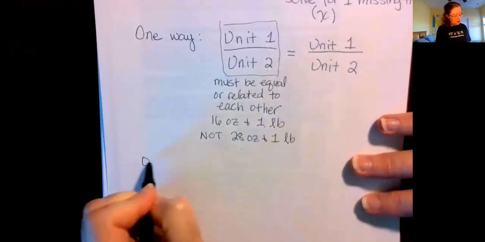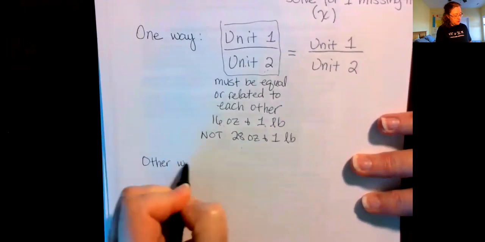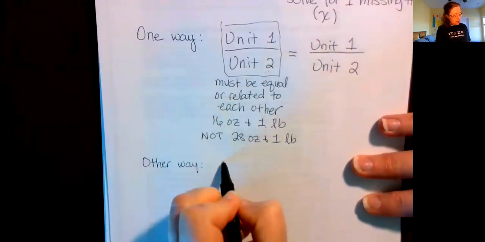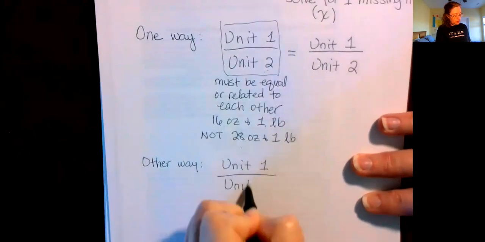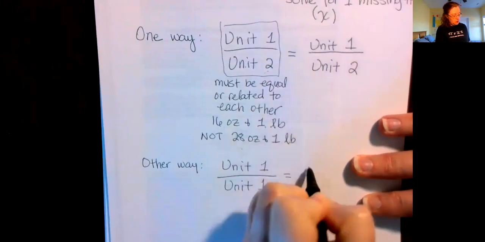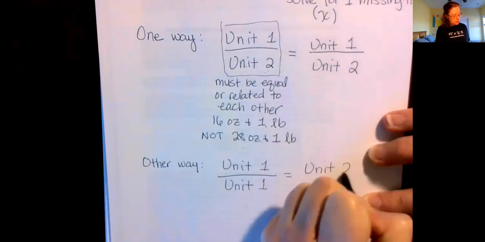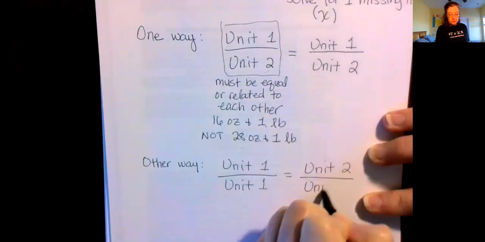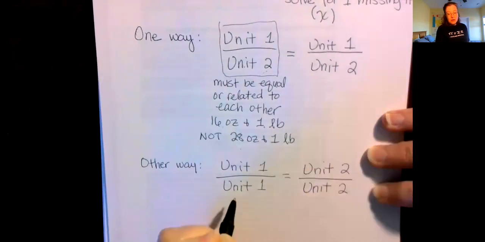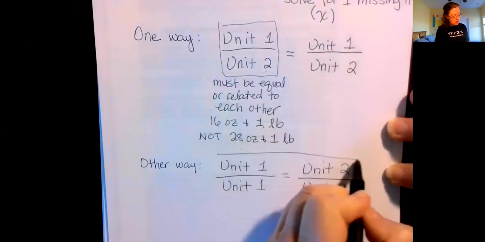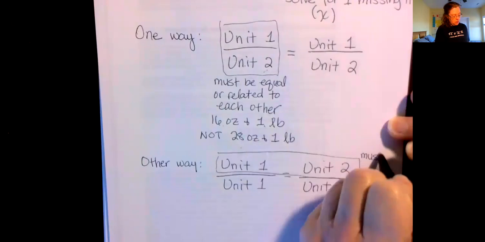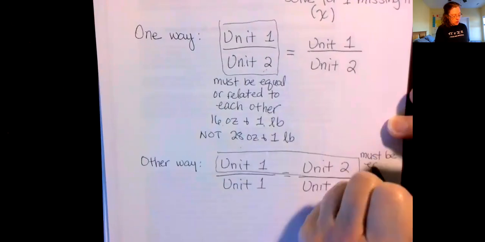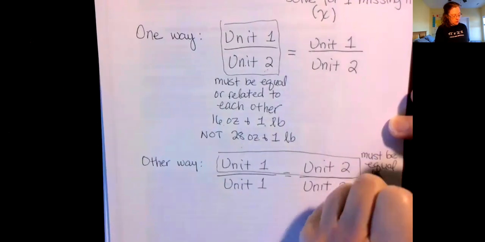The other way you could do it, you could have unit 1 over unit 1 is equal to unit 2 over unit 2. In this case, the ones on top must be equal or related to each other.